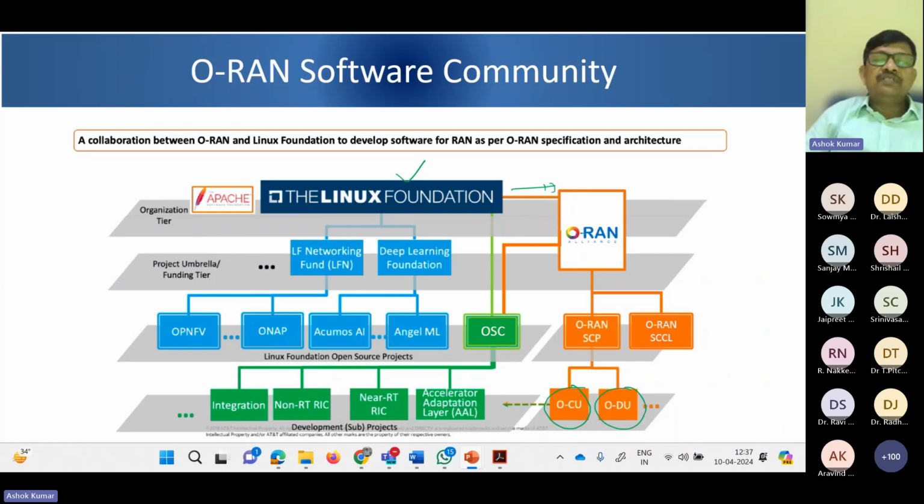They have developed this intelligent controller, real time and non-real time both. So they have worked on many software related aspects, and they are trying to give it free to all their members, and they can always deploy or further improve.